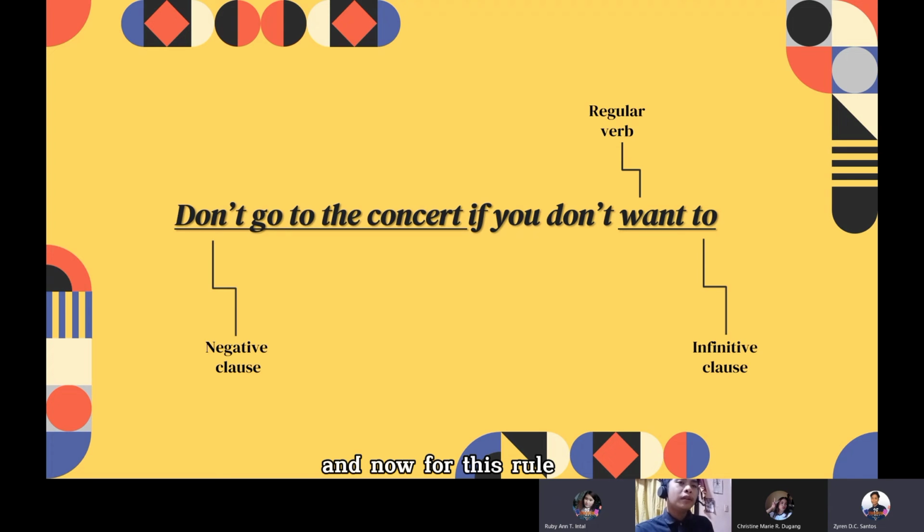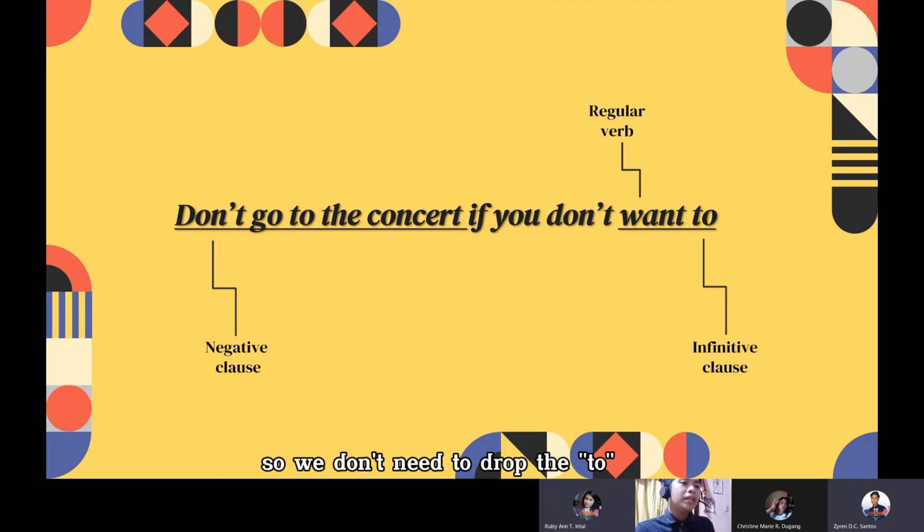And now for this rule, the word infinitive, or the word "to," cannot be dropped if we have the word "don't," or the negative clause, following the verb "go." So: "Don't go to the concert if you don't want to."